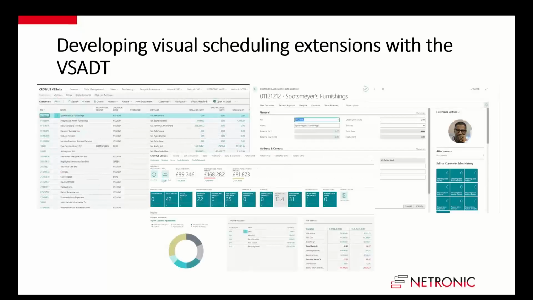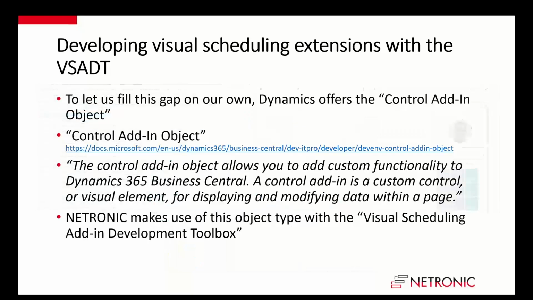What we all know are typical list pages and card pages, with text boxes and drop-down boxes, etc. As visual controls, most of what we know are pictures or some cue boxes, maybe smaller charts. You can make use of Power BI, for example, but really big graphical components, especially with interactions, are not part of the out-of-the-box Business Central.